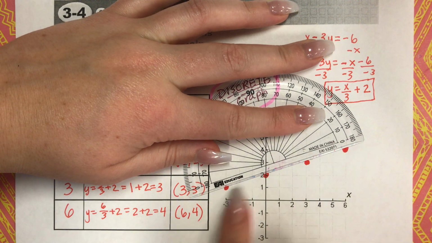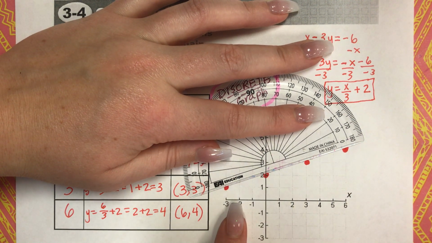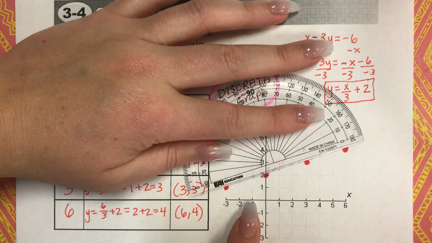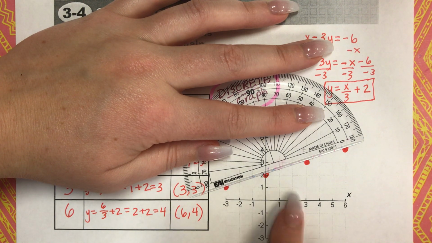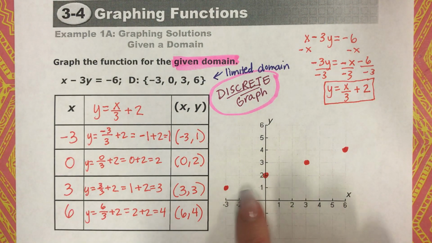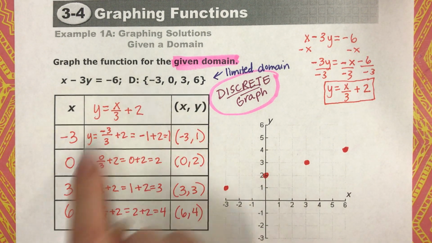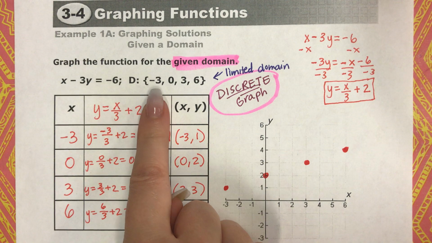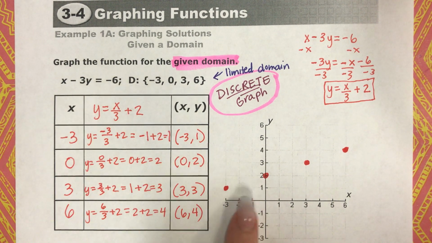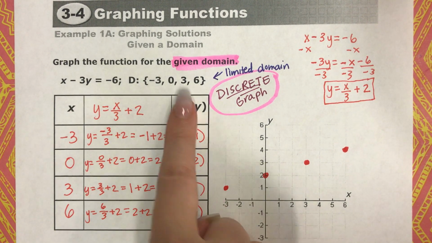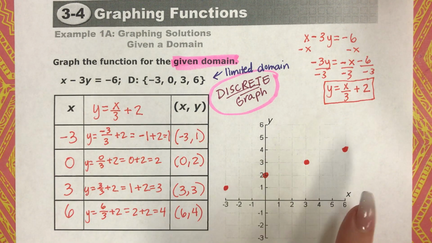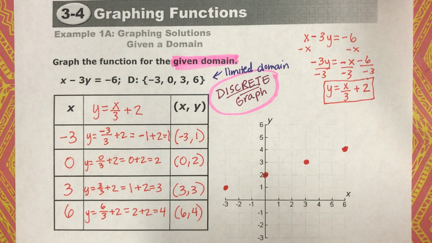But once you connect those lines, then that means you have domain values for -2, -1, -0.5, 1, 2, all of those values in between these specific domain points, and that just isn't in the domain. The only values for the domain is when x is -3, when x is 0, when x is +3, and when x is 6. Okay, so that means we end up with this lovely discrete graph here.